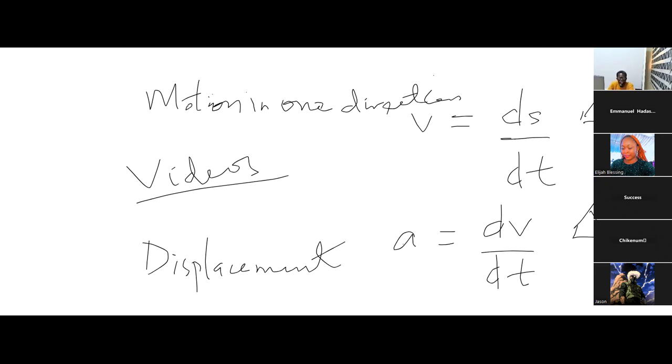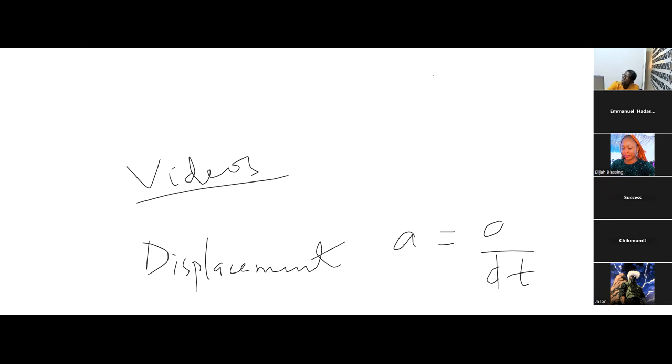Now, let's look at motion in 2 or 3 dimensions. I'm going to go into that, and we're going to look at something. I'm using the whiteboard for you so that you can get what I'm saying better.